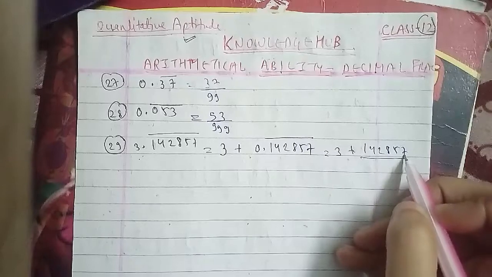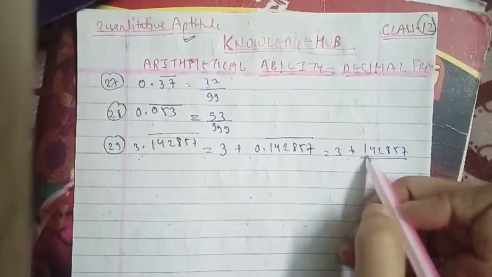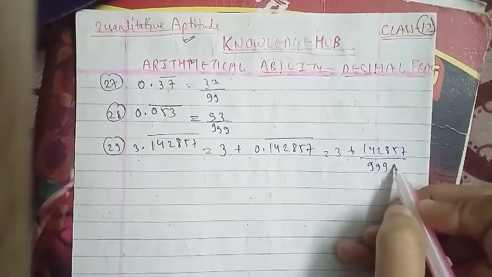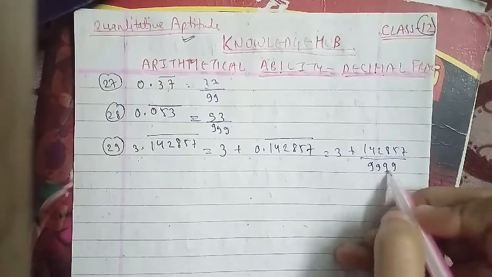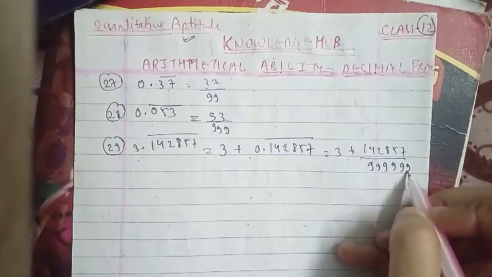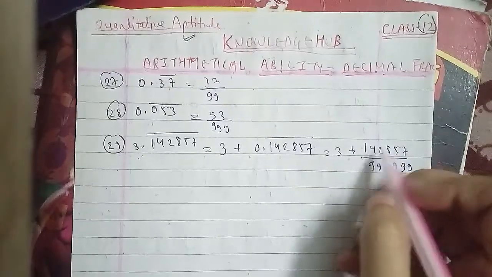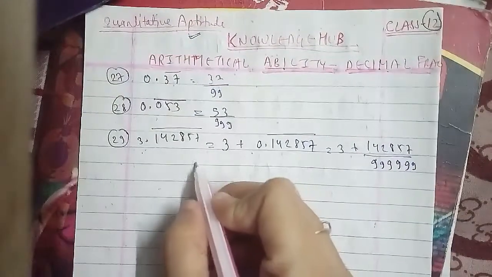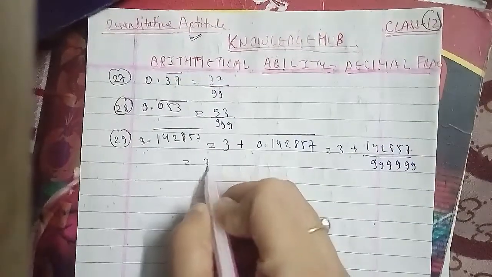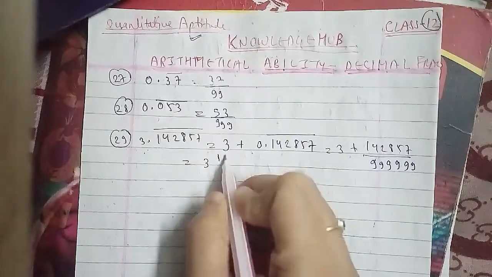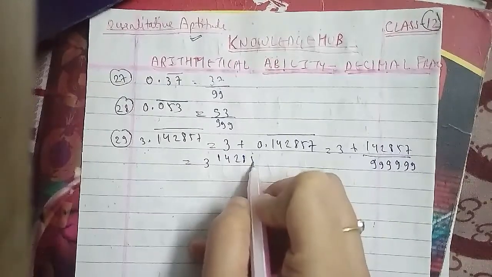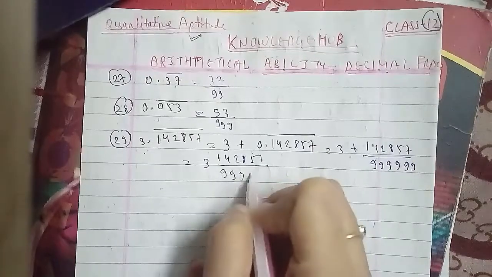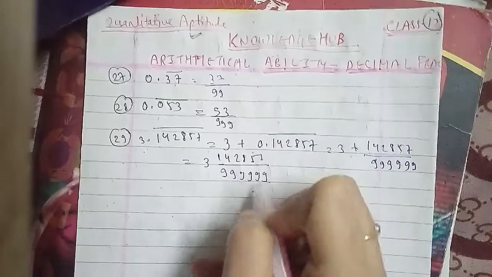How many digits are there? 1, 2, 3, 4, 5, 6, so 6 nines have to be put in the denominator. So we go ahead with the solution. Adding the 3, we get the mixed fraction, which is 3 and 142857 upon 999999, six nines.